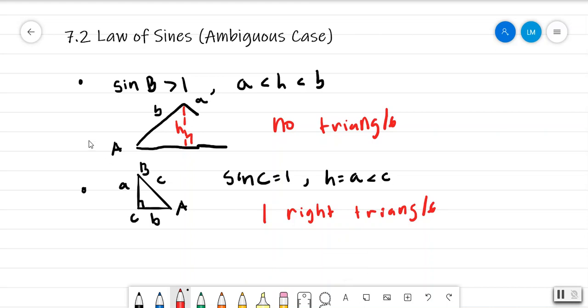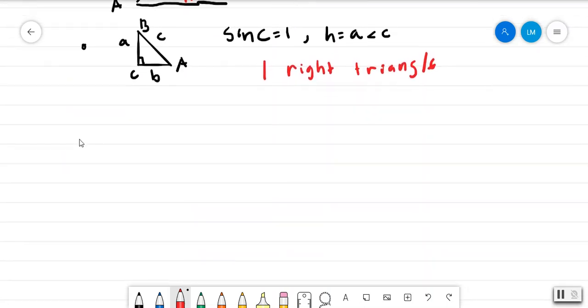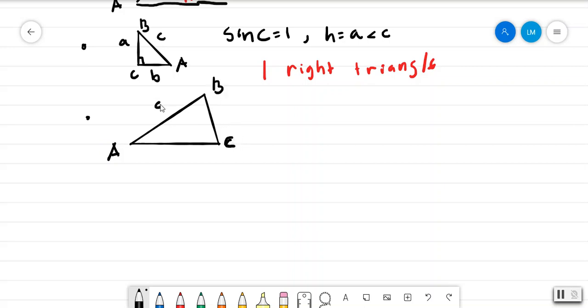Okay, the other possibility is your original definition, where you have one triangle that can possibly exist. So this is when you have angle A, angle B, angle C, and little c, little a, little b.